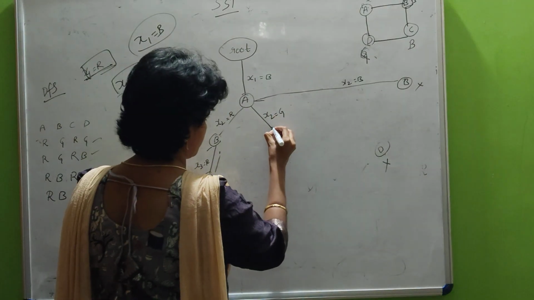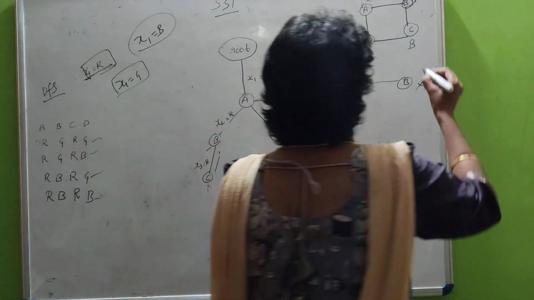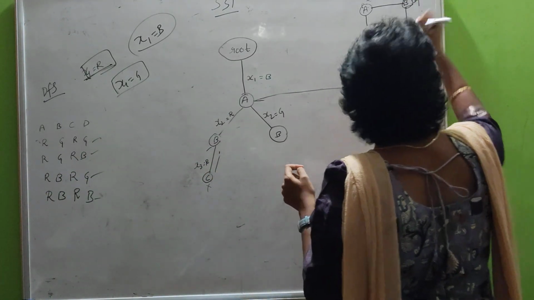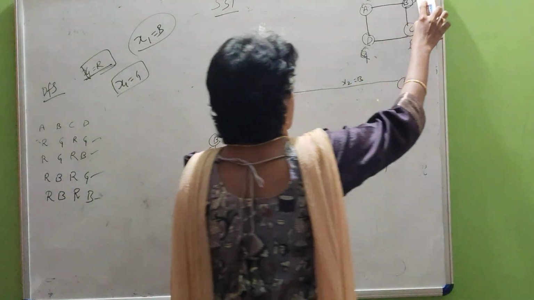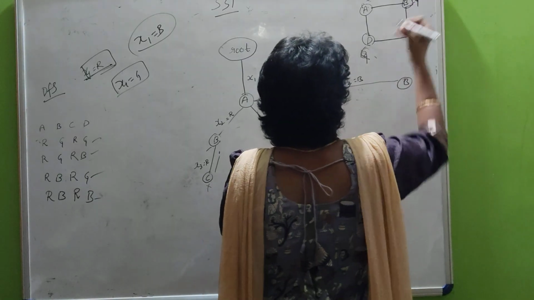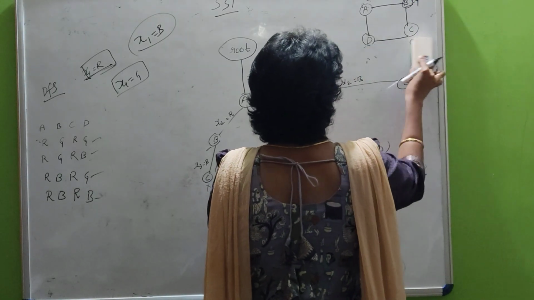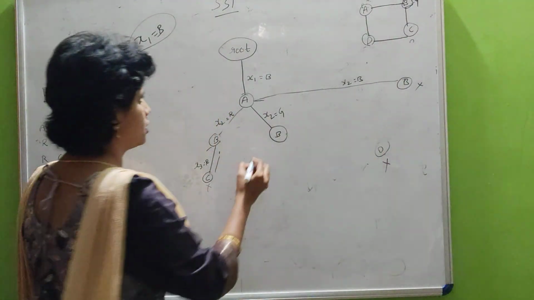One, green. That means B you have colored with green. Now this is green. This is the step we are doing here. Now you have colored with green.